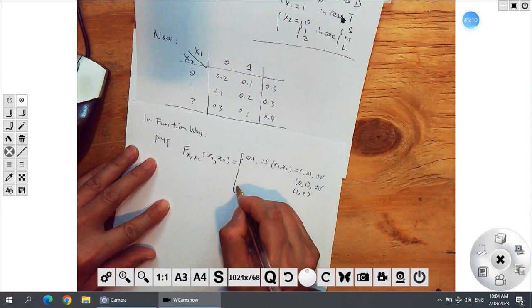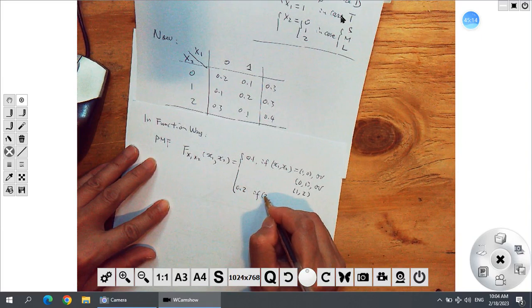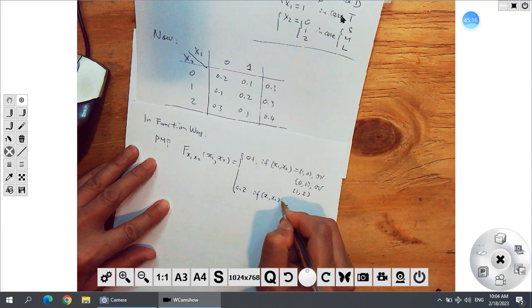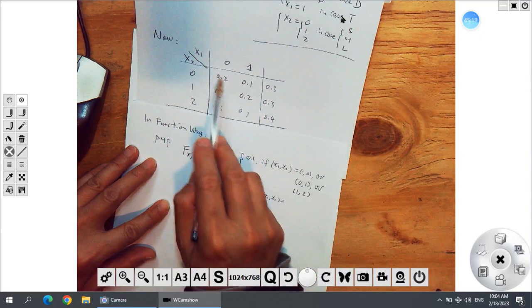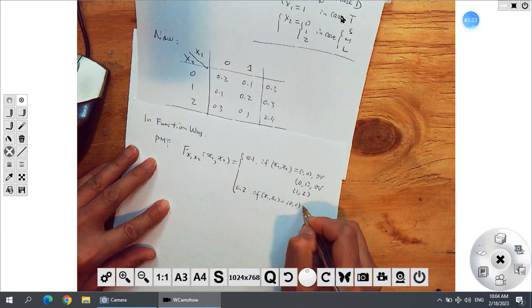And 0.2 if (x1, x2) equals, similarly, these two cases: (0, 0) or (1, 1).